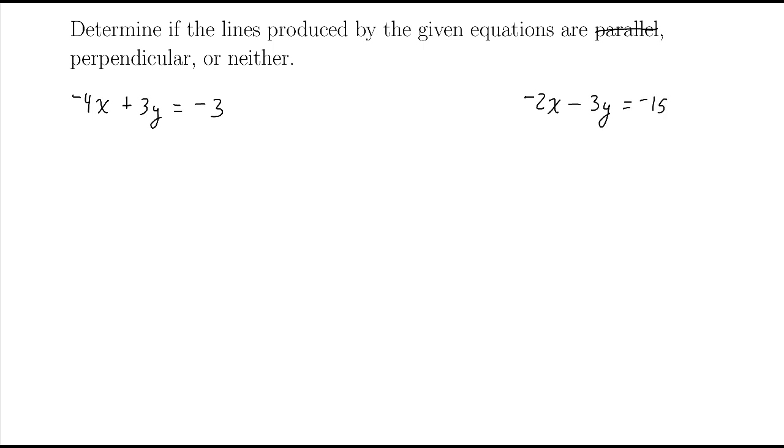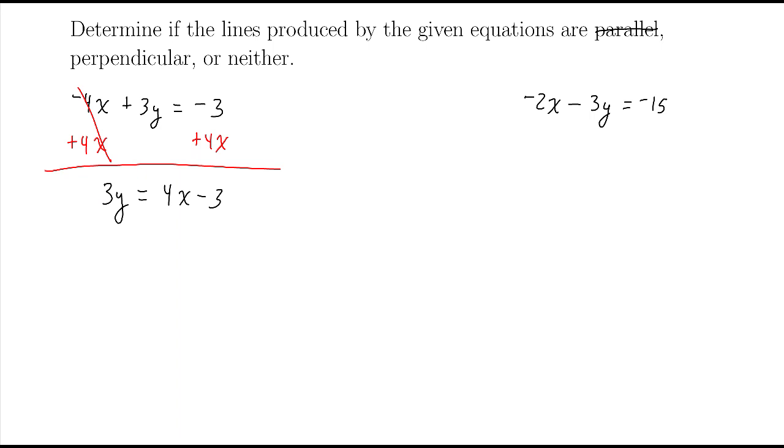Let's get y by itself to put it in slope-intercept form, because once it's in slope-intercept form, we can look at the number attached to x. That'll be the slope. So I'm going to get rid of the x variable term by adding 4x to both sides. That will make sure that the left side only has the y variable term. So 3y equals 4x minus 3.